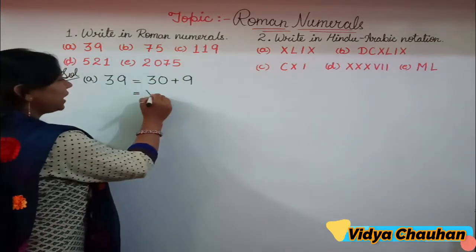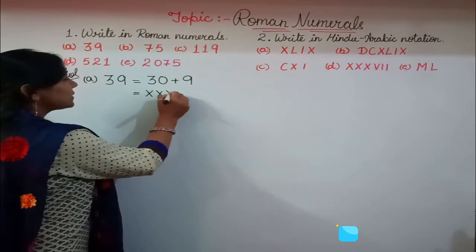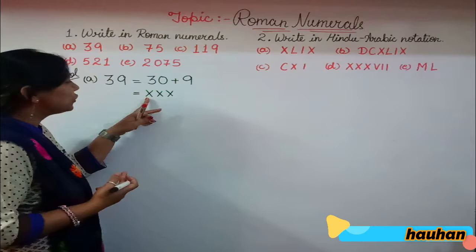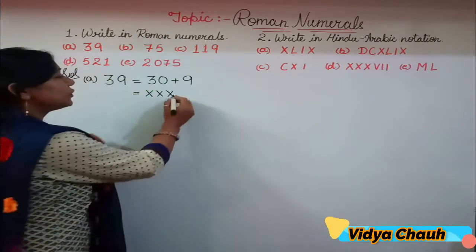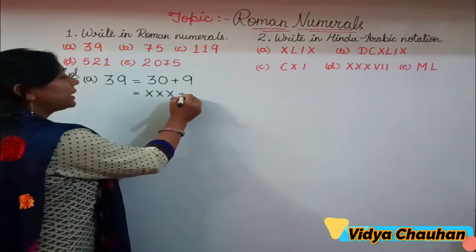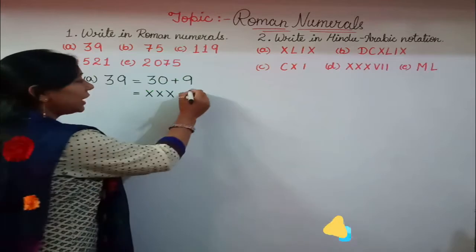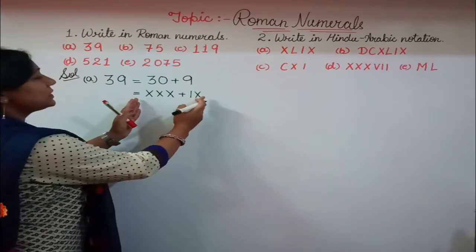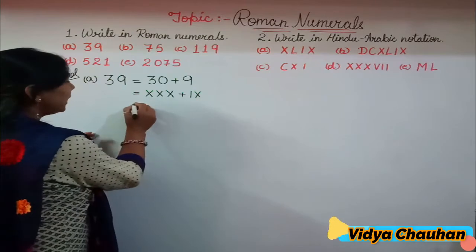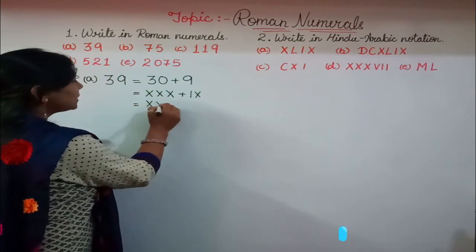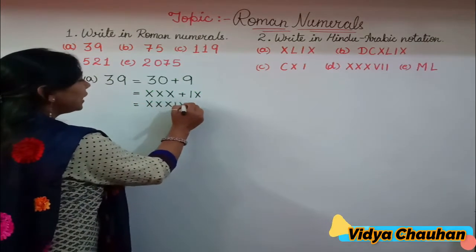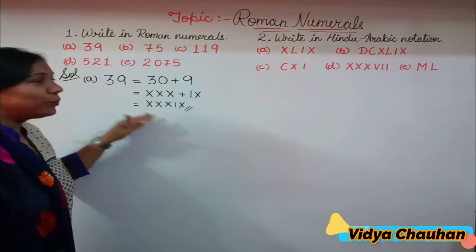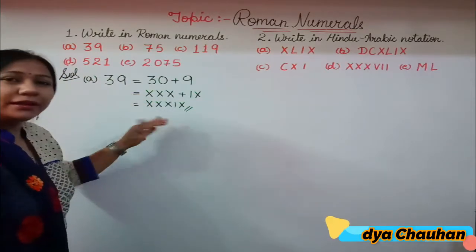For 30, we have the symbol XXX, three times, because each X represents 10: 10 plus 10 plus 10. And what is the symbol of 9? IX. Since it is a complete number, in the next step we will write all the symbols together, and this is your first answer done: the Roman numeral for the number 39.